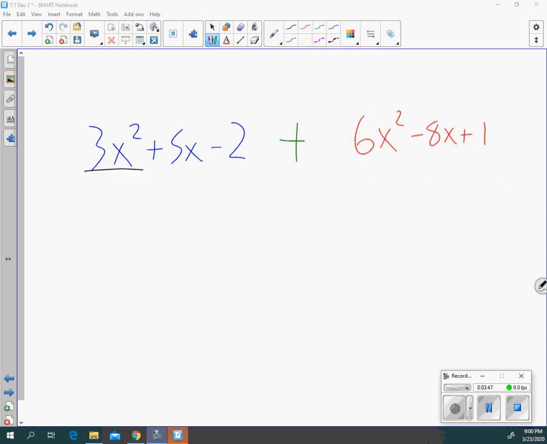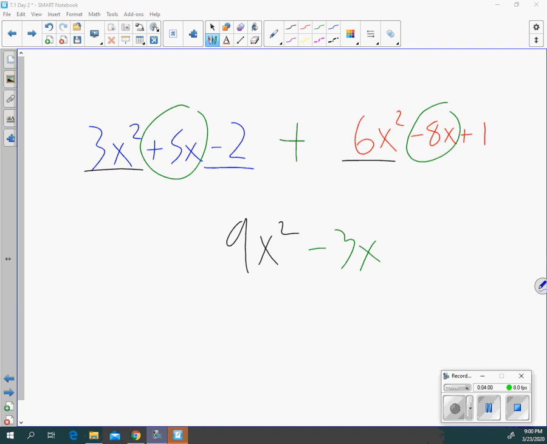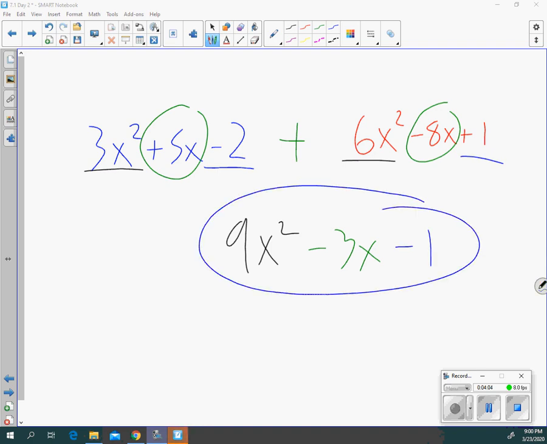So if I had to do that, 3x squared plus 6x squared is 9x squared. 5x minus 8x is minus 3x. And negative 2 plus 1 is minus 1, okay? All right, we got that one. Keegan, makes sense? Okay.